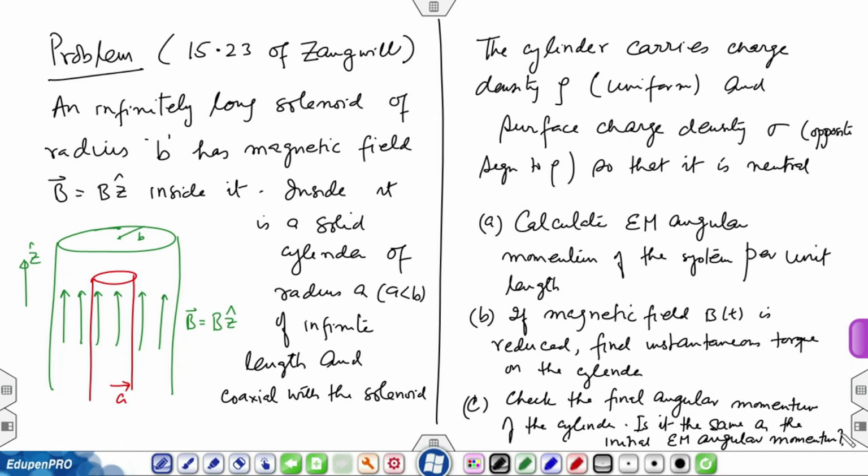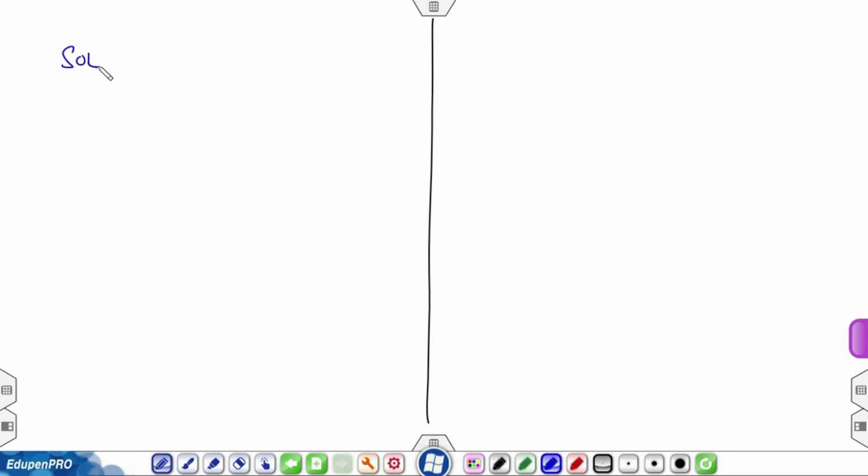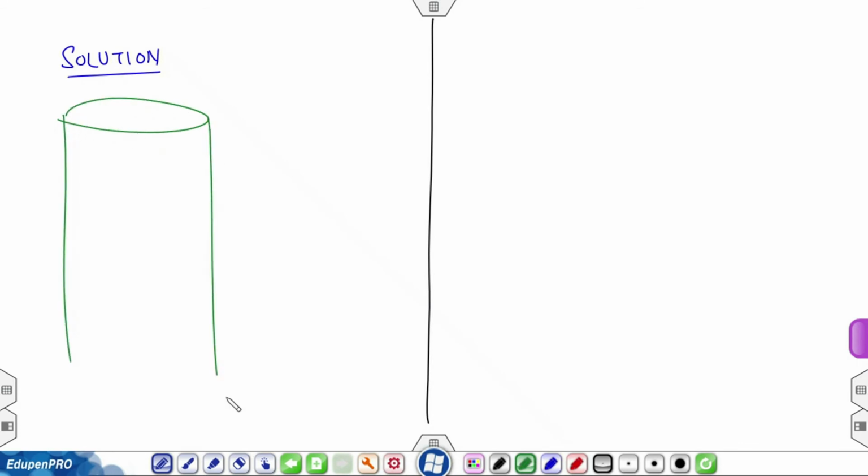So, let us solve this problem now. Solution. So, here is the solenoid carrying field B inside.